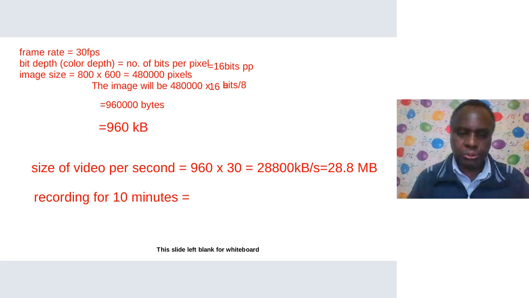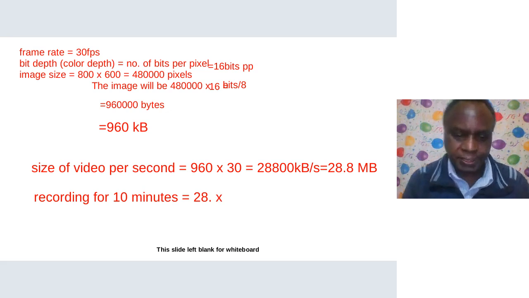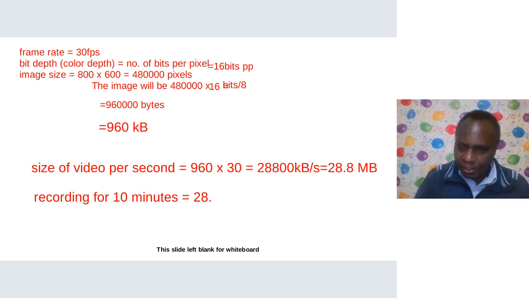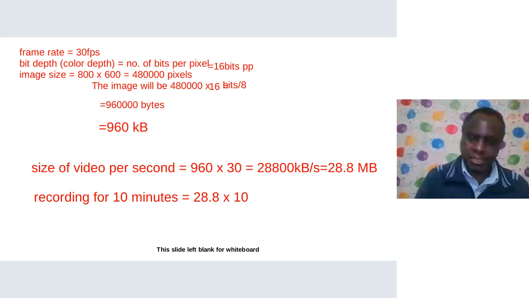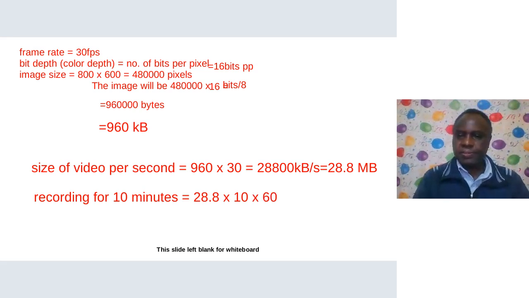So, of course, those that have given us the figures, this is what you have done. You took 28.8, which is MBs. You multiplied by, okay, sorry, I think my figure there should be 0.8. You multiplied by 10 minutes, but each minute is 60 seconds, because the original figure is in per second.